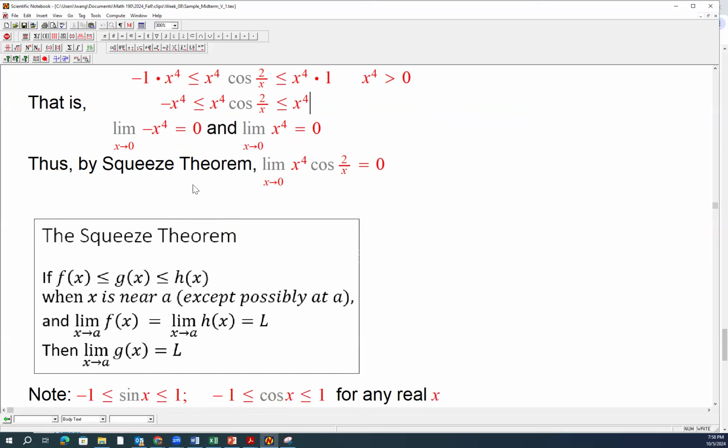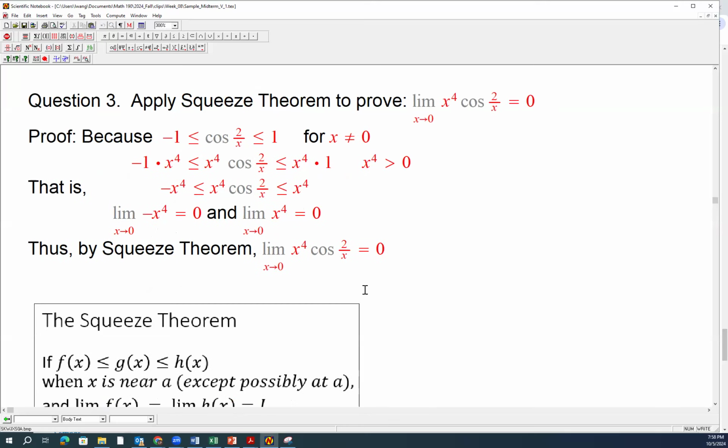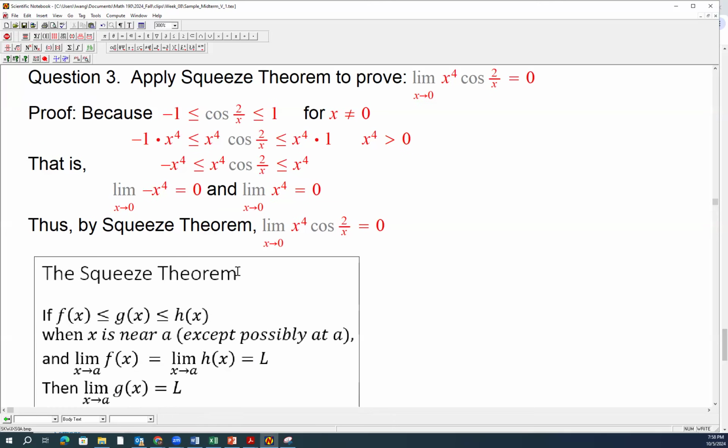When we apply the squeeze theorem, you have the index card next to you, right? So you want to quote the theorems. For this question, we first created a squeezed situation from a fact, and then we verify the second condition is also true.